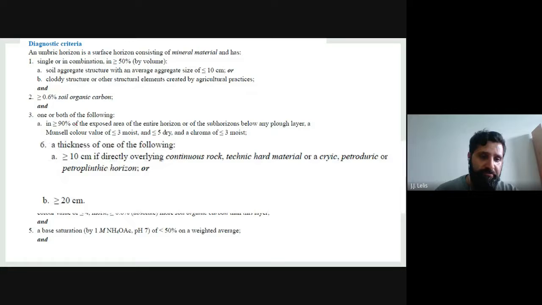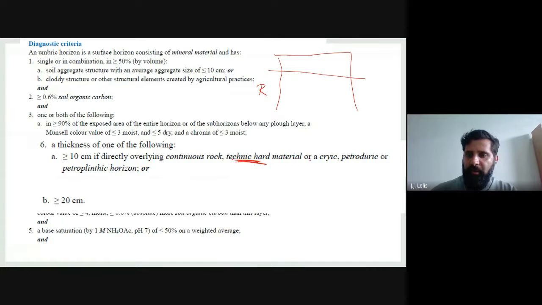Other criteria that should be followed is just the thickness. If the umbric horizon is the surface horizon, overlying rock or a material created by man, or a cryic or petroduric or petroplinthic horizon, we'll discuss about these horizons in the next classes, it should possess at least 10 centimeters.